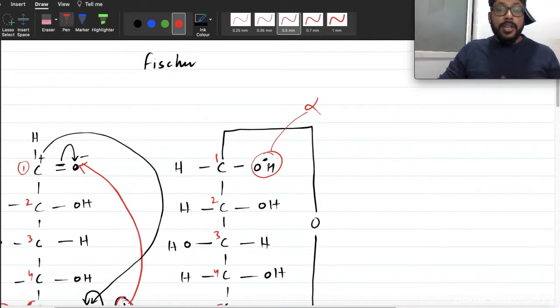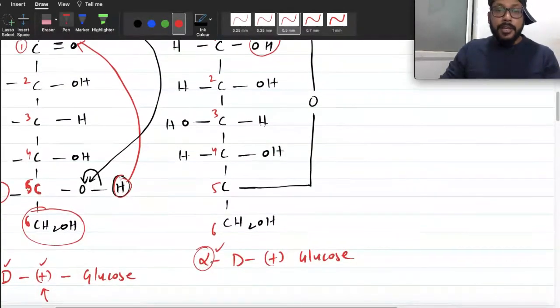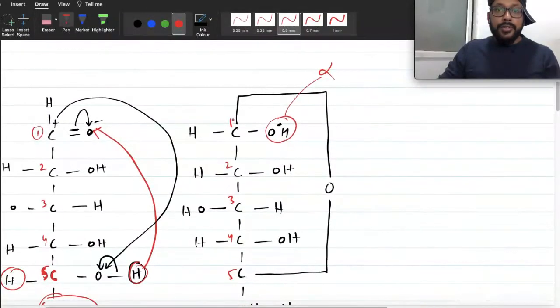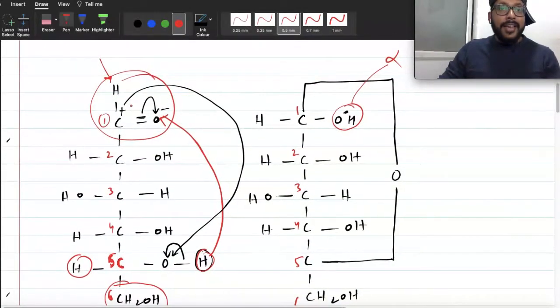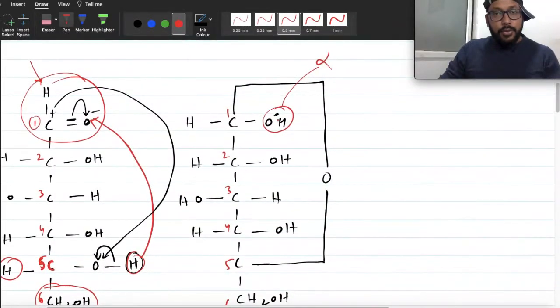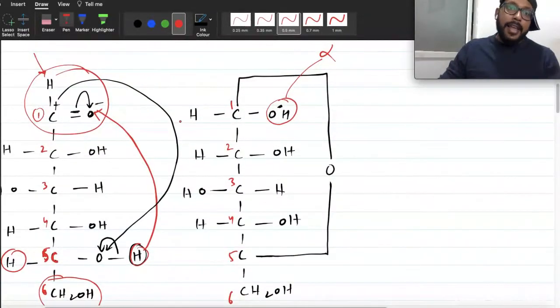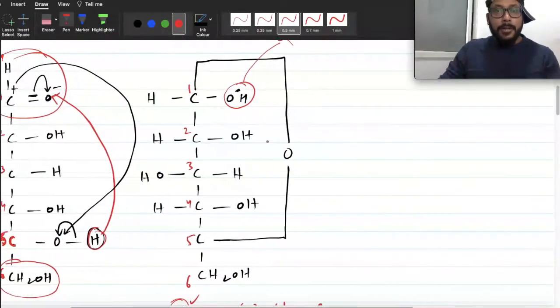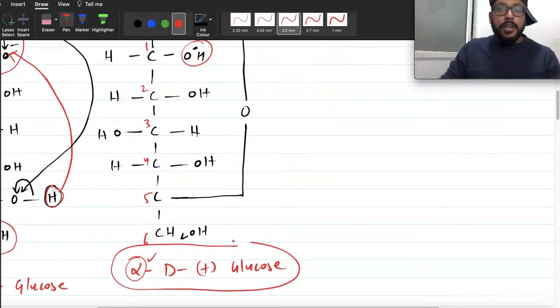If this OH is present at the left hand side, it represents beta. The C1 carbon has CHO, the strongest functional group among all of these, and CHO having the OH functional group at the right hand side means it represents alpha. If it is at the left hand side, it will be beta. So this is your Fischer projection and the naming alpha D glucose.